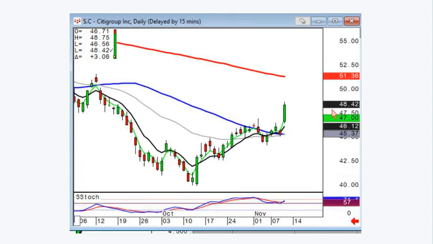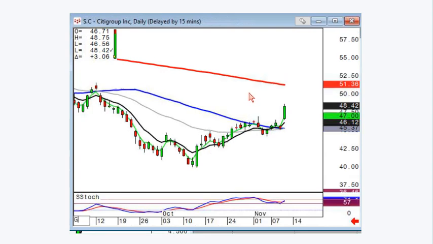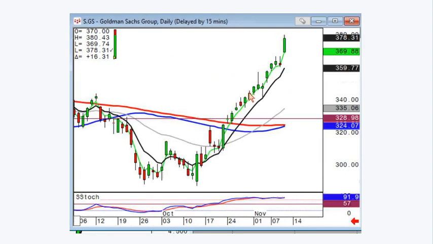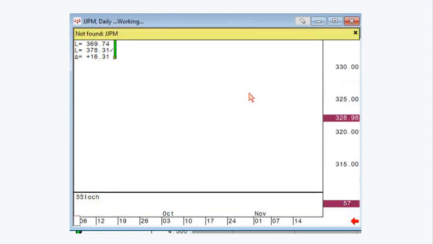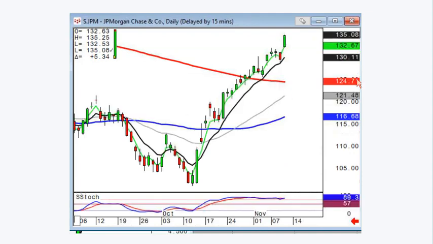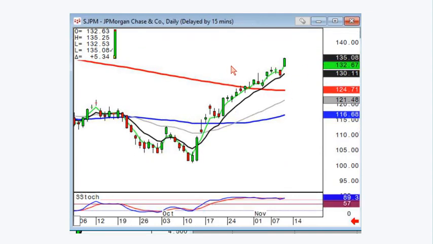Citigroup, you could be buying this one. Anytime the big financials are trading positive, look at Goldman, wow. JP Morgan, when the financials are acting strong, the market's going to act strong.